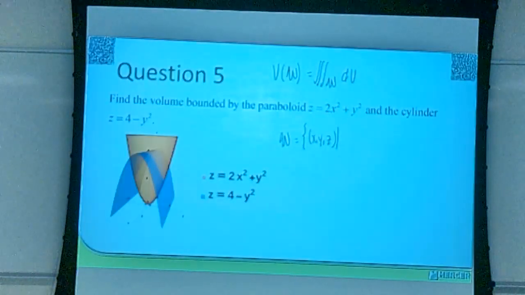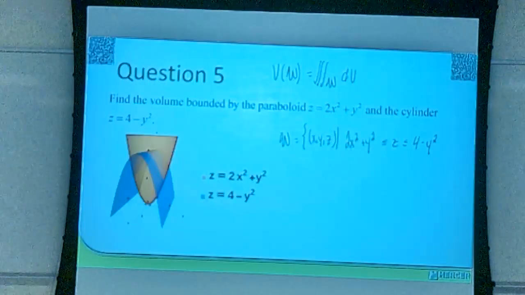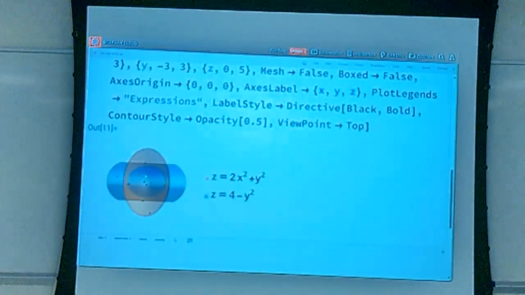Start with z, we said it's going to go from the orange to the blue. Again, if we're looking straight down, that curve of intersection is a circle of radius 2, isn't it? We want the entire thing. So you can choose dx dy or dy dx.